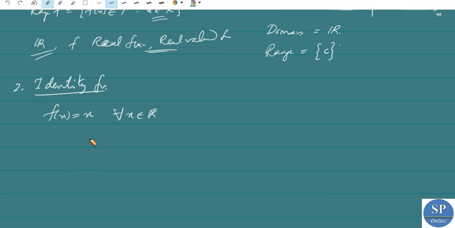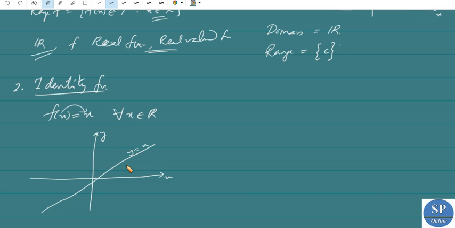The graph of the identity function will be like this, passing through the origin. This is y equal to x. So if this is the x-axis and this is the y-axis, then the graph of this identity function is this. That means the identity function maps any point in the set of all real numbers to the same point. The function maps a point to itself. That is the identity function.